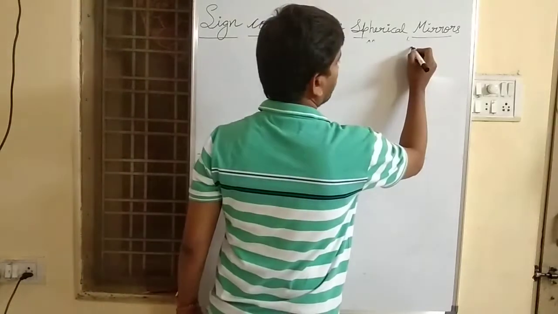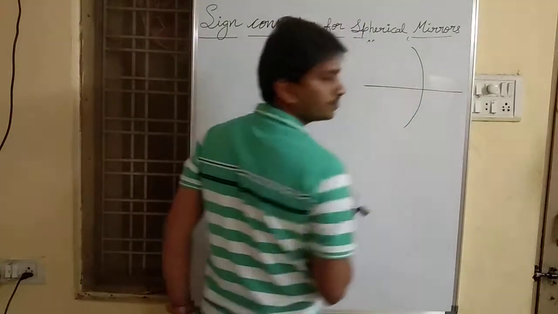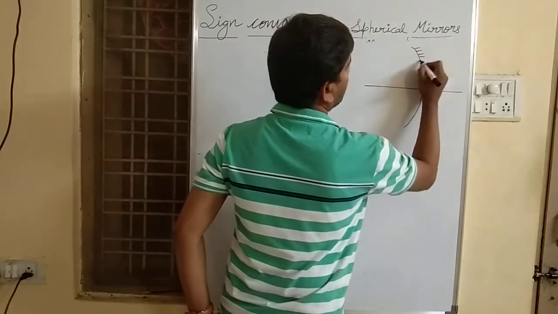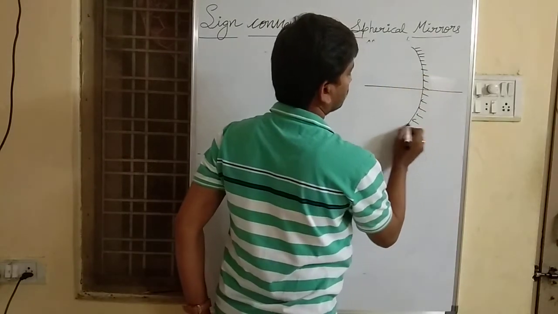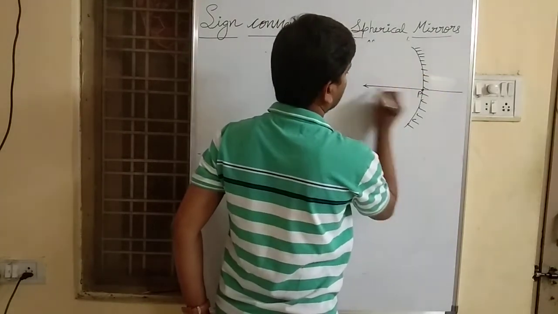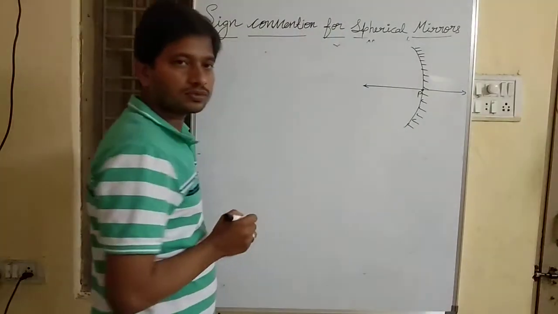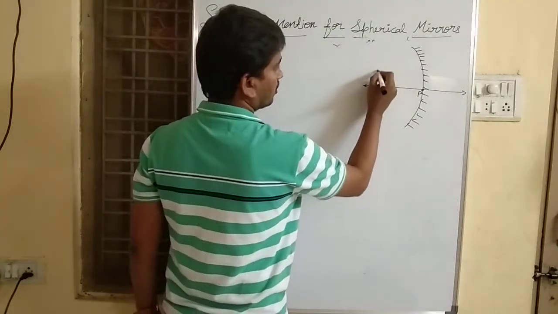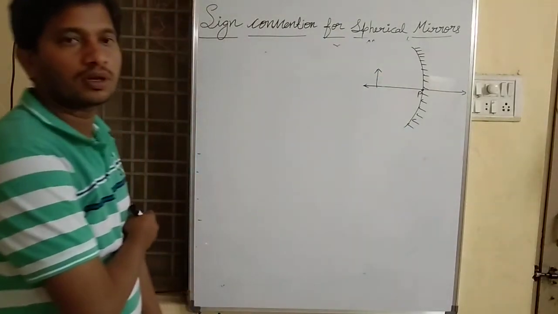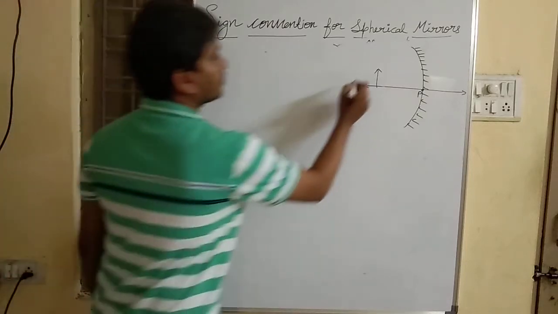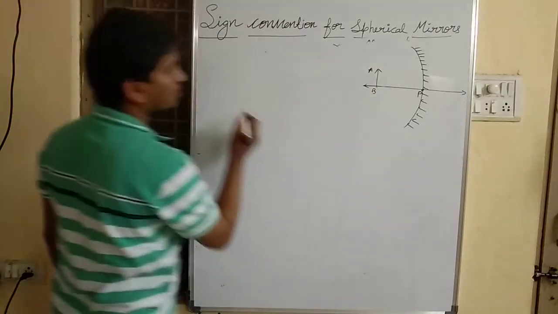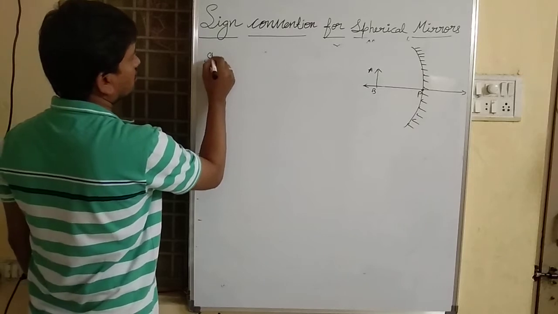See here, this is our spherical mirror. This is our pole. This is our object AB. What are the conclusions here?